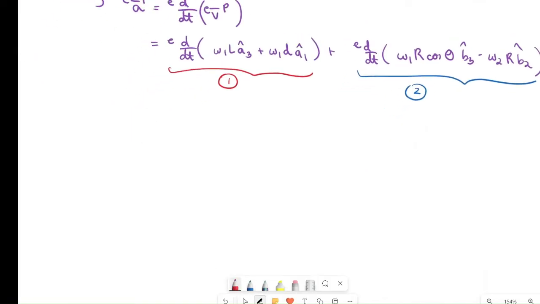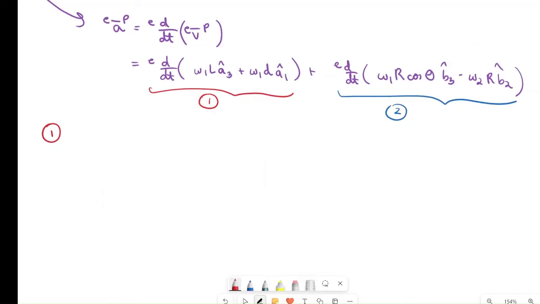So in this first part, we have... okay, I'm just going to rush through this part a little more now that we're comfortable with it. We know that omega 1 is constant. L is constant because the rod's not changing length.